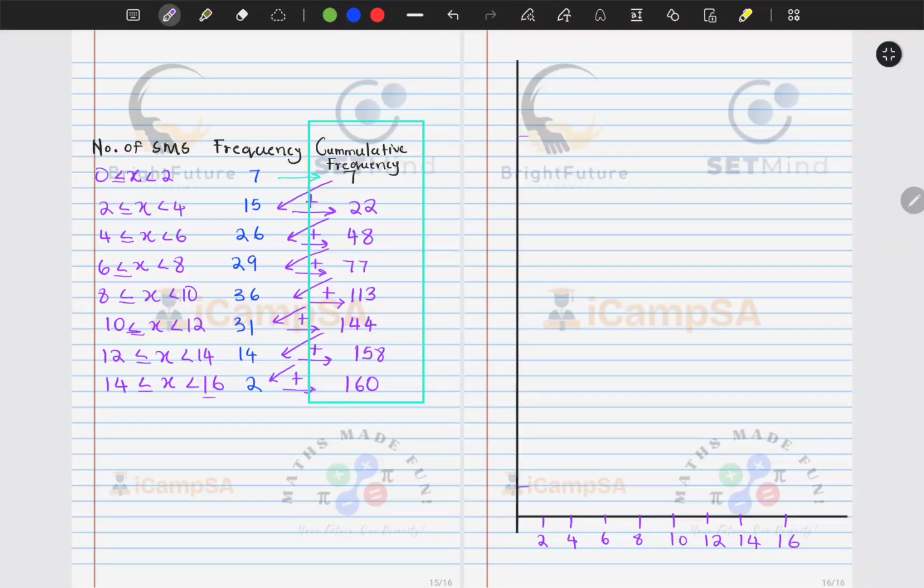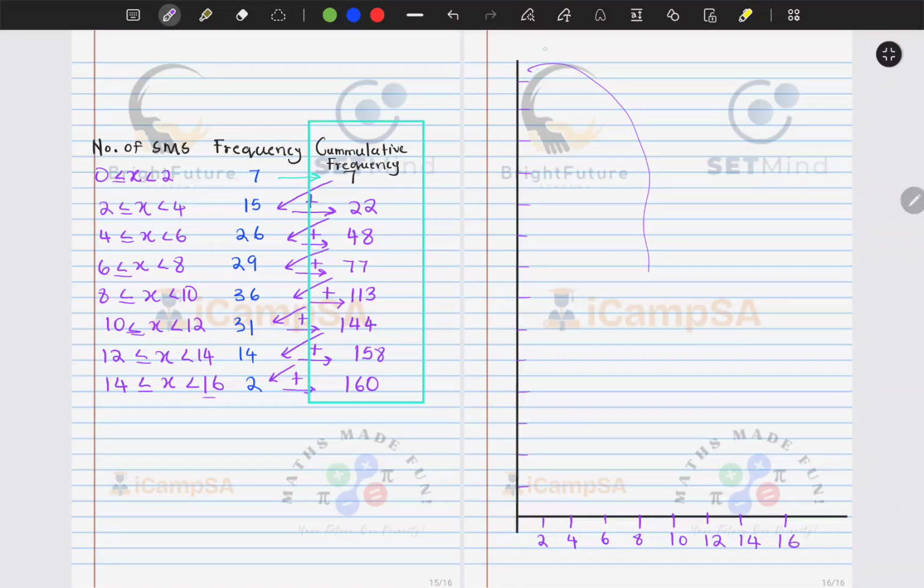So we can have 10, 20, 30, 40, 50, 60, 70, 80, 90, then 100, and then we have 110, 120, and then 130, 140. Okay, but we need to get up to 160. So what can we do? Because I'm at 140 there.